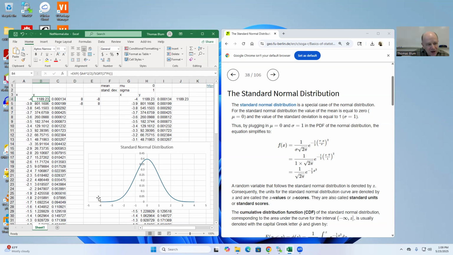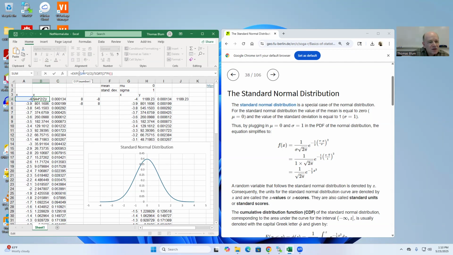Okay, so there we go, and we know this is what the normal distribution should look like. Down here at, say, -4, it should be a very small number, but I'm getting a very large number. So what seems to be the case is that it is not treating this minus sign properly. It should square the number, whether it's positive or negative, and then put the minus sign in front of it.